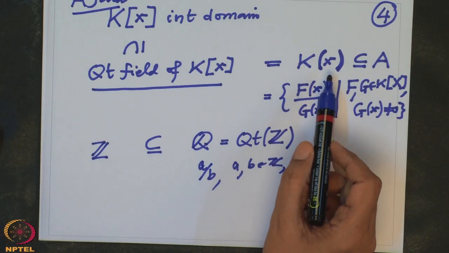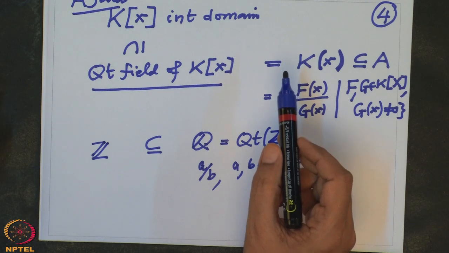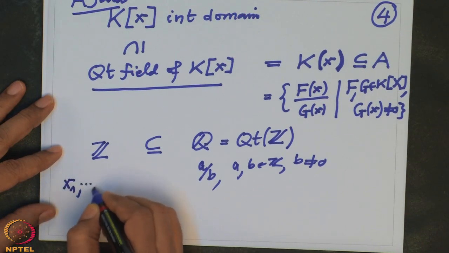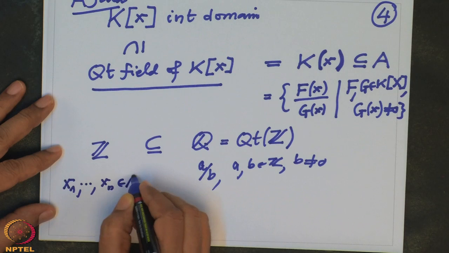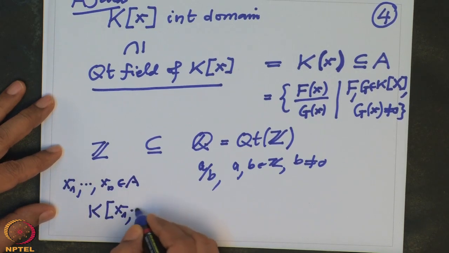And remember, there is nothing special that this x is one element. I could have done it for a bunch of elements. Namely, I take the subalgebra generated by them, and if that subalgebra is an integral domain, I will embed it in a smallest quotient field, and that is the construction I am talking about. If I have arbitrary elements x1 to xn, and I consider the subalgebra generated by them.